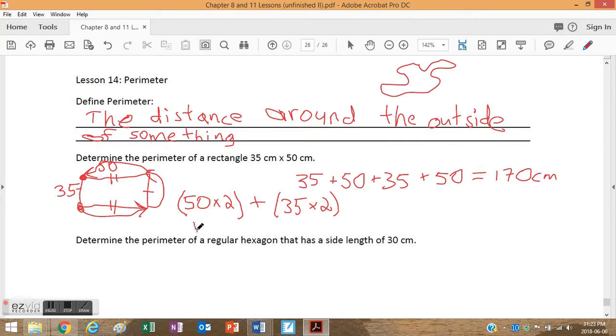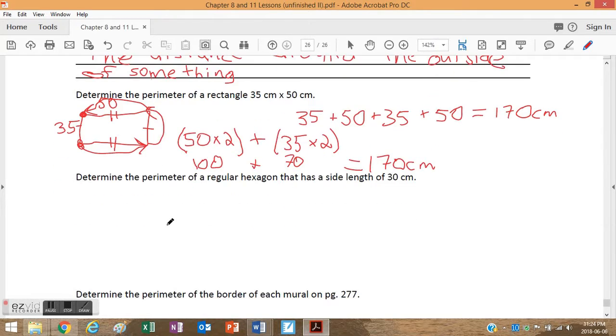And then we do the brackets first. That's 100. That's 70. 100 plus 70 still equals 170. Lovely. Okay, so we could write this as a formula. There's no real need to do a formula. You just have to remember to take care of every one of the sides.